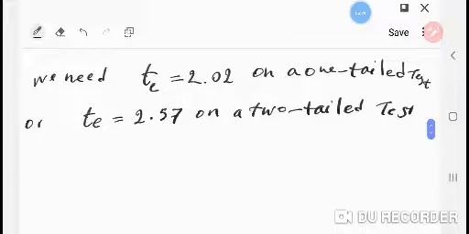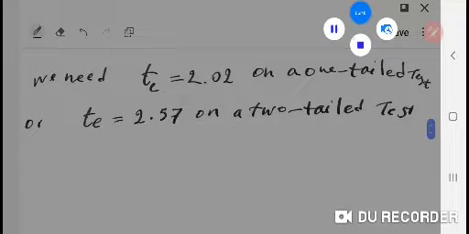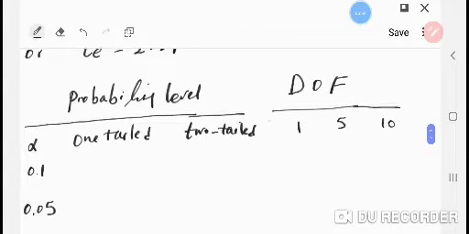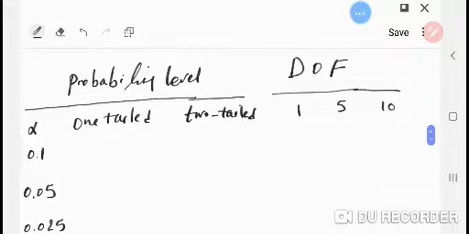I'm going to demonstrate in this table. In this table, with a range of degrees of freedom 1, 5, and 10, for this number of alpha.